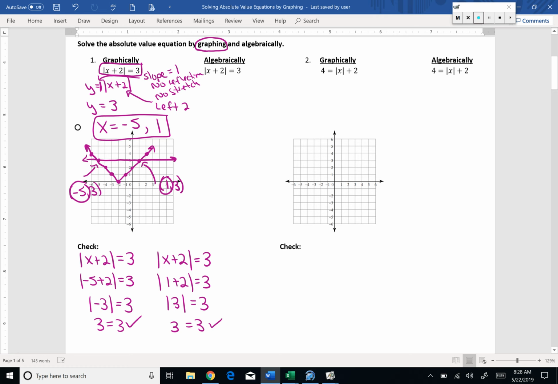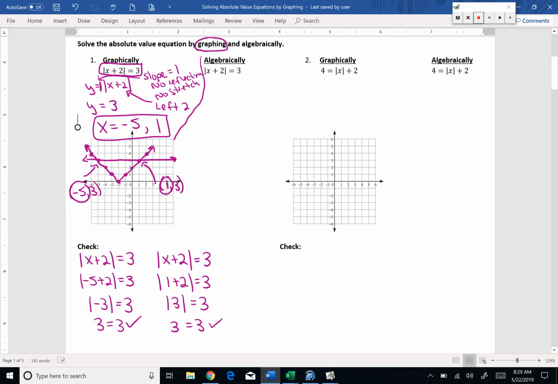All right, I want to help you guys get started on number 2. Remember, the algebraic piece. Try, if you can, to keep your writing out of that algebraic piece, because that's going to be a few classes from now. And the reason why I put them on the same sheet is because I want you to be able to see that solving graphically and solving algebraically is going to give us the same result.